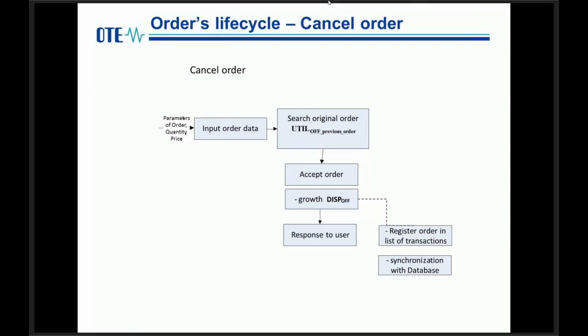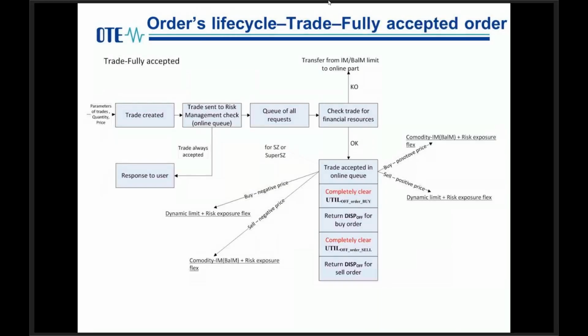Cancel of an order. Here the process is quite simple. The original or initial order is released, so the instruction is not rejected. If the order is traded, then it enters the module of financial security.